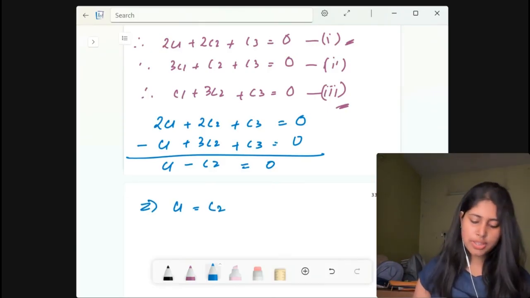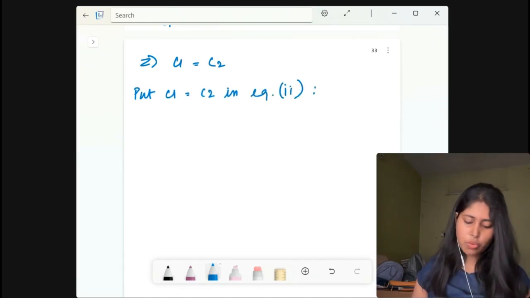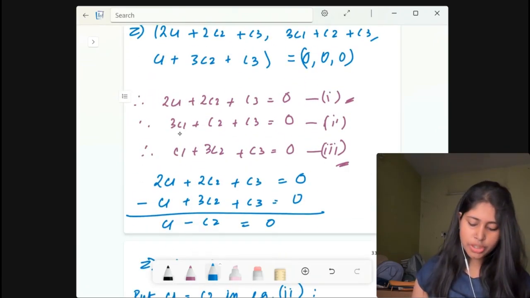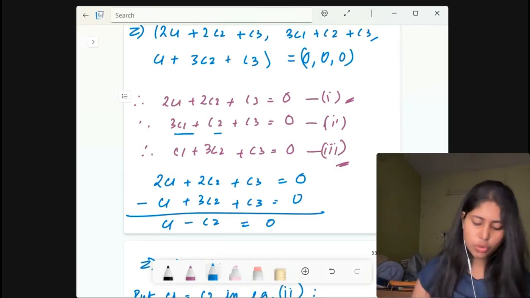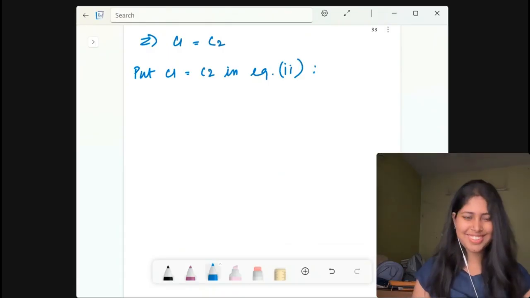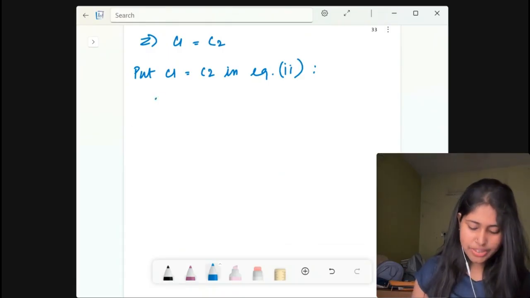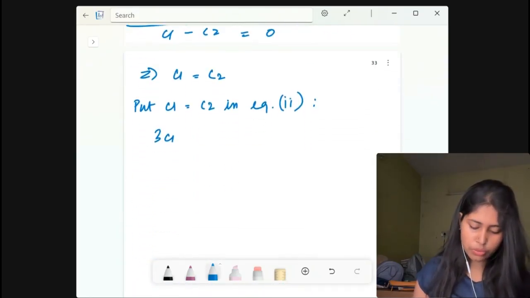Now put c1 equal to c2 in equation 2. Then we will get a relation between c1, c2 and c3, right? So 3c1 plus c2, we will write c1 only, c1 plus c3 is equal to 0.